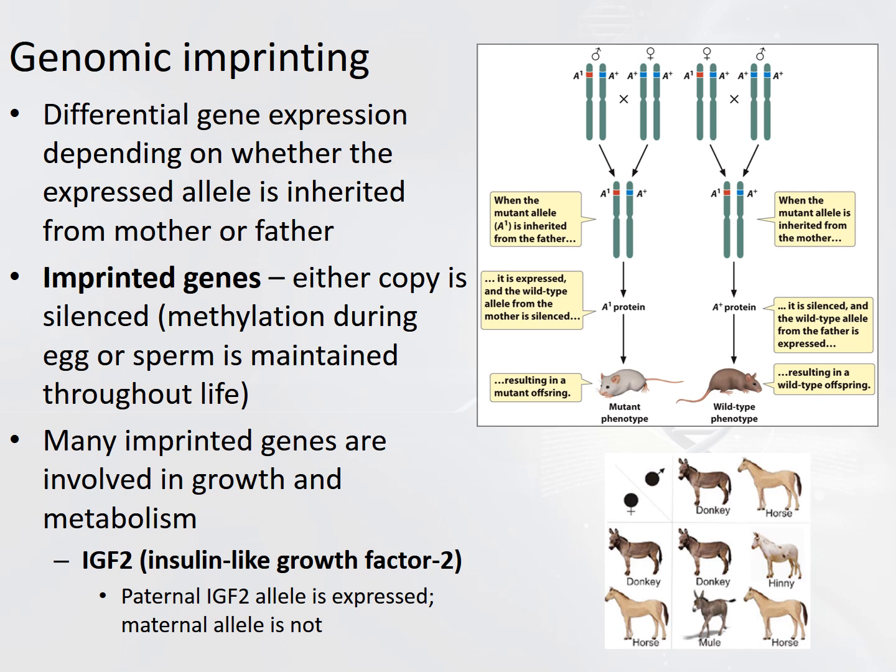If you breed a female donkey and a male horse, it will produce a hinny. And both of them, although they are absolutely identical at the DNA level, they have completely different phenotypes. So this is in general the concept of genomic imprinting.